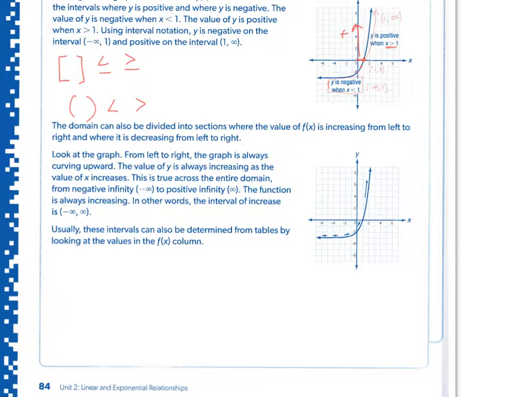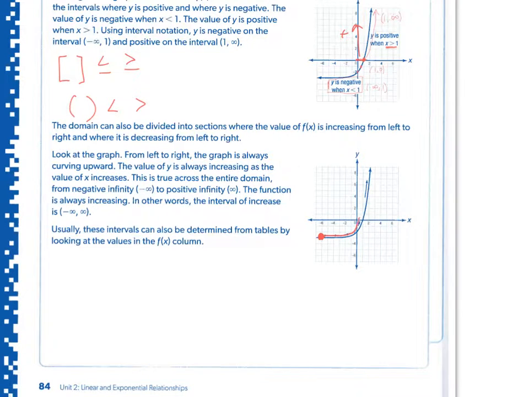If we look at this graph, we read our graphs just like we read a book, from left to right, and it'll tell us that. If we read our graph from over here, what are our x values doing? Our x values continue to get larger, but what are our y values doing from left to right as well? While they aren't getting larger very quickly when our graph starts here, they start off very slowly.